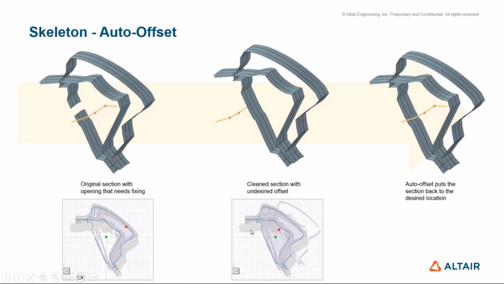In fact, when I escape the tool now, the offset that was assigned to the C-beam is not correct anymore. So auto offset will help us with that automatically, and I will show you the demo in 1 second. It will reposition the section and reassign the right offset to the C-beam.